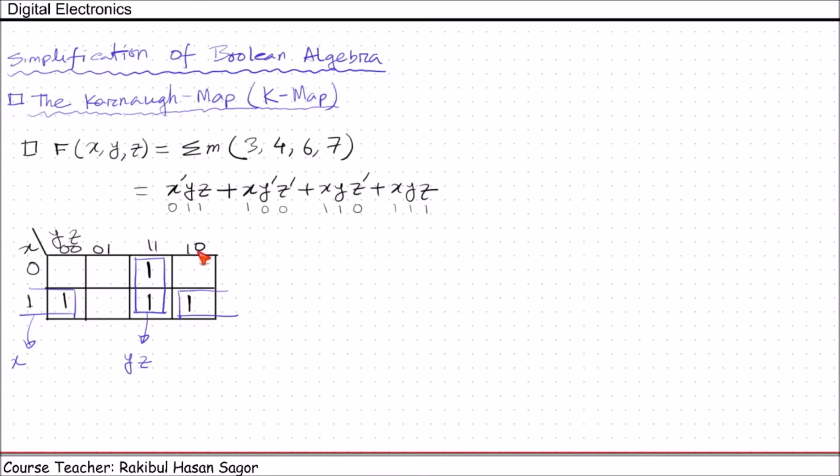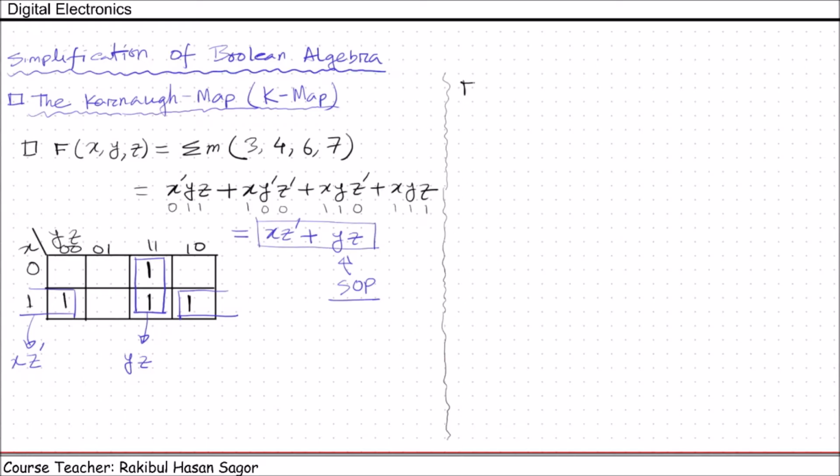Z equal to 0, z equal to 0, so we write z prime. So the simplified version of this function will become x z prime plus y z. This is the simplified version, and this is represented in sum of products form.